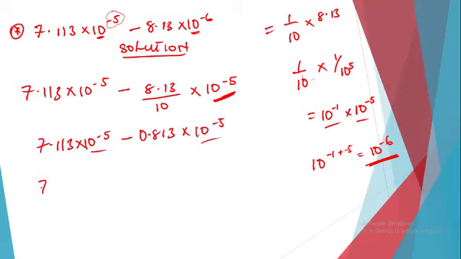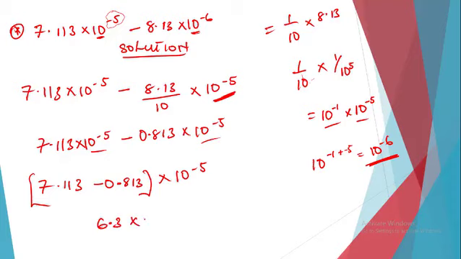We now have 7.113 minus 0.813 in brackets, now times 10 raised to power minus 5. Okay, and then when we subtract this, we obtain 6.3. Check it on your calculator, times 10 raised to power minus 5, which is our answer.